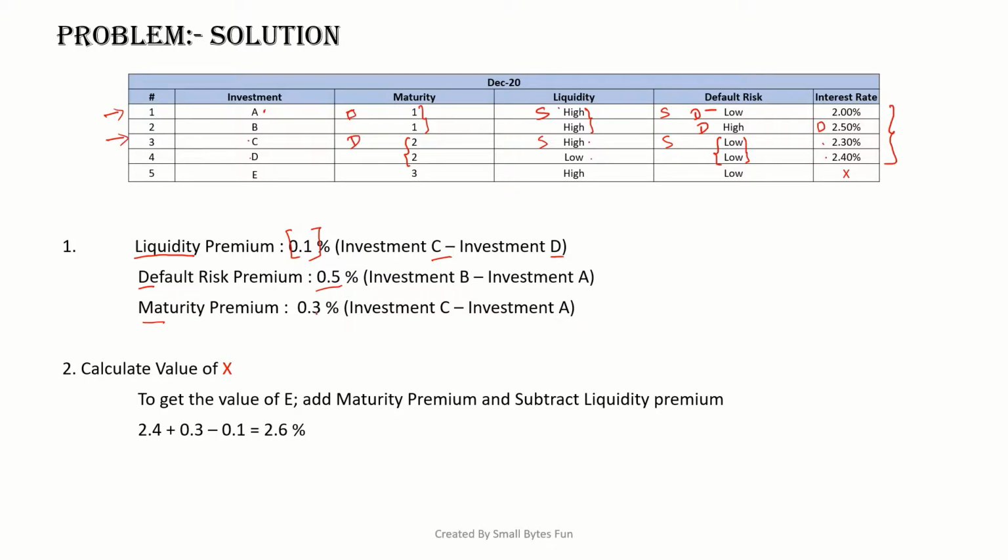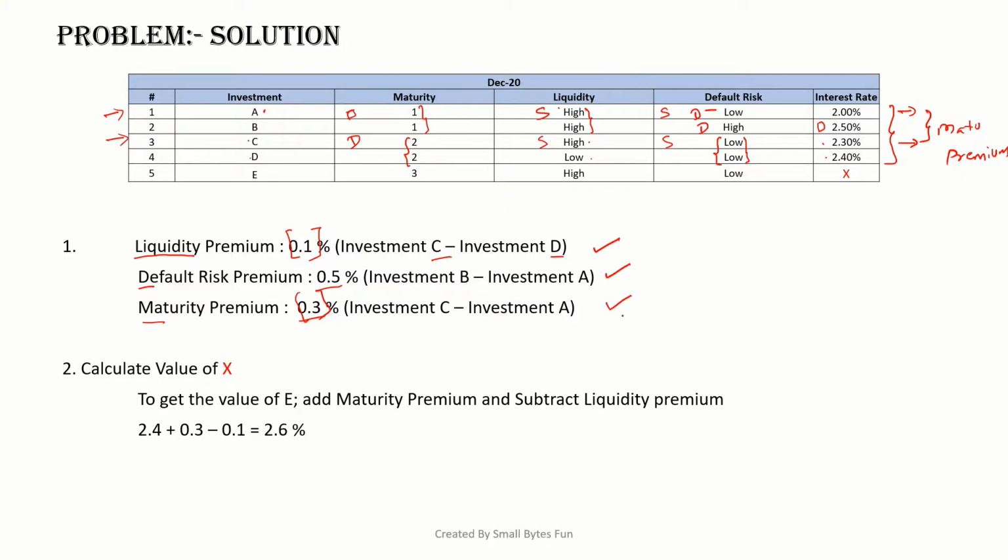So the difference between A and C is going to give you the maturity premium, which is 0.3.